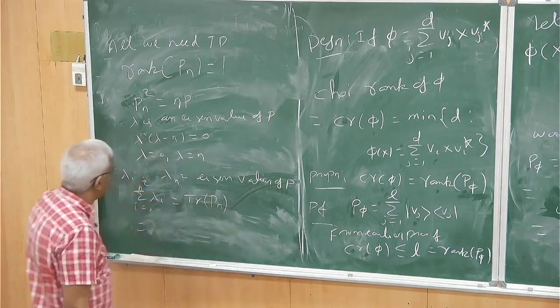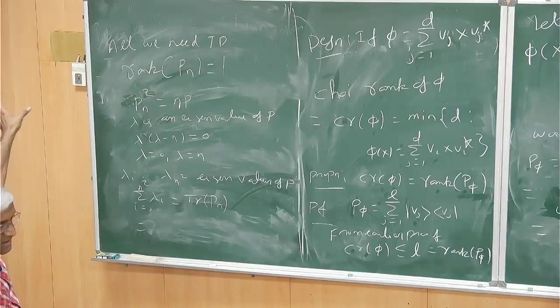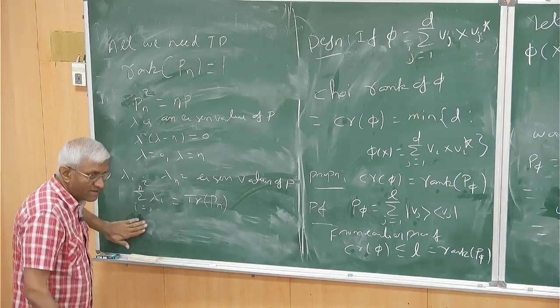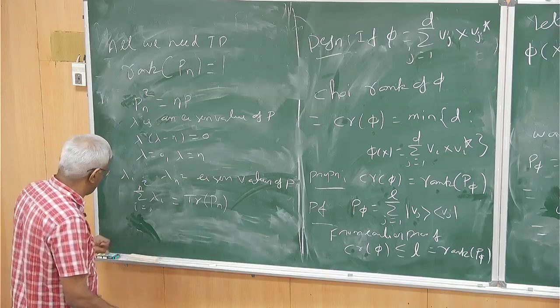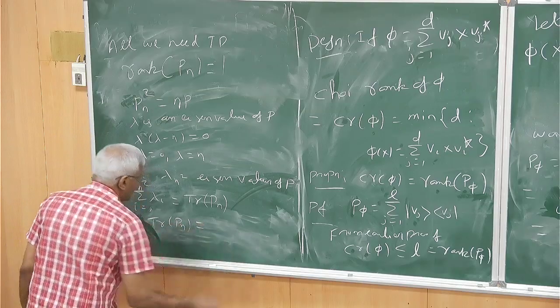On the other hand, trace of Pn has to be n. Why is it n? Because you can directly calculate what the trace of Pn is.